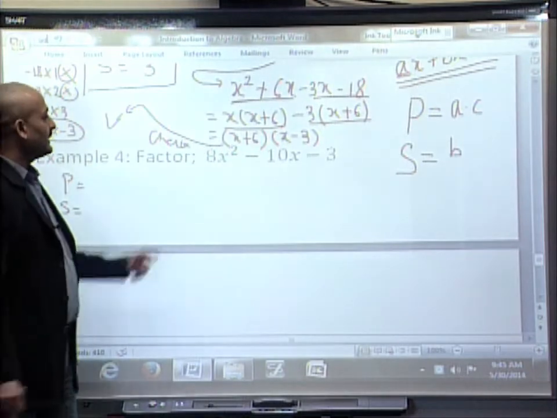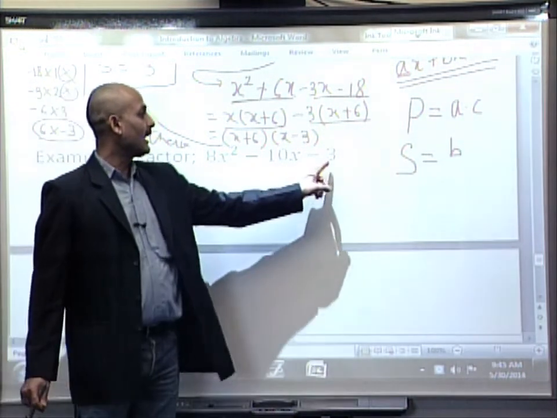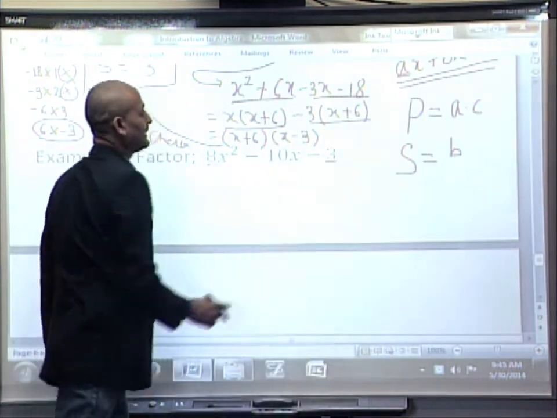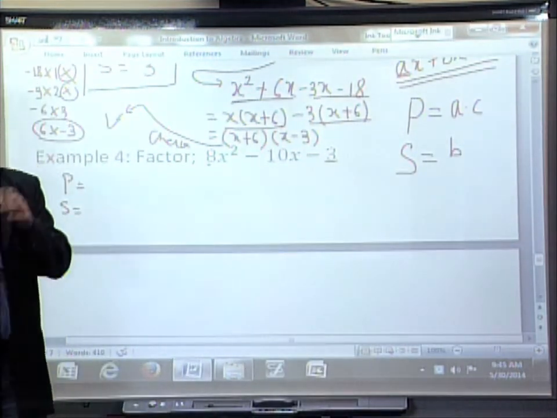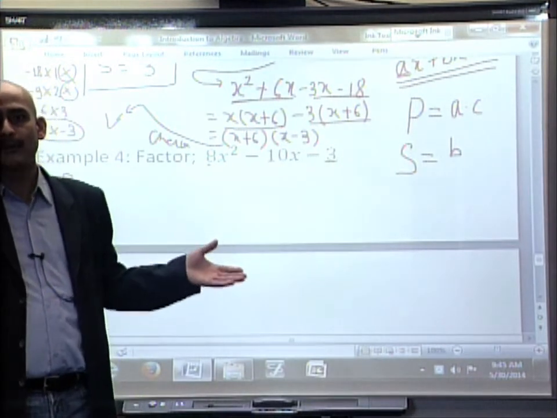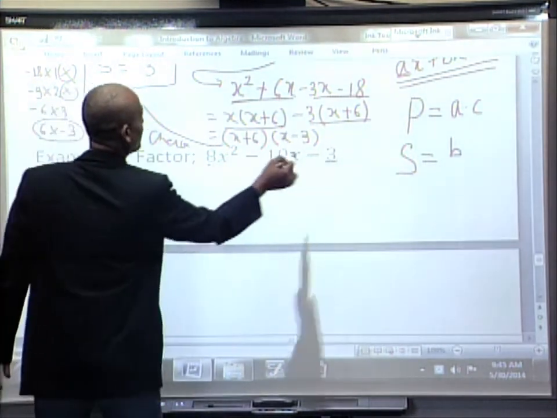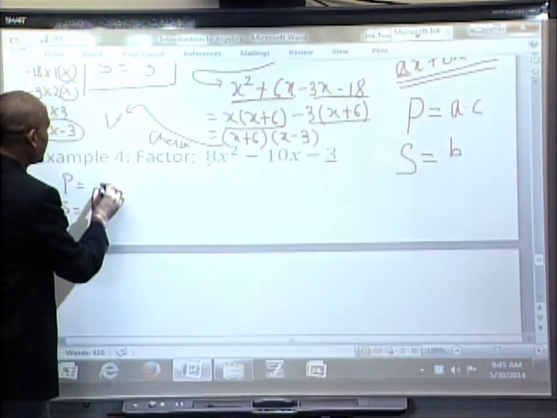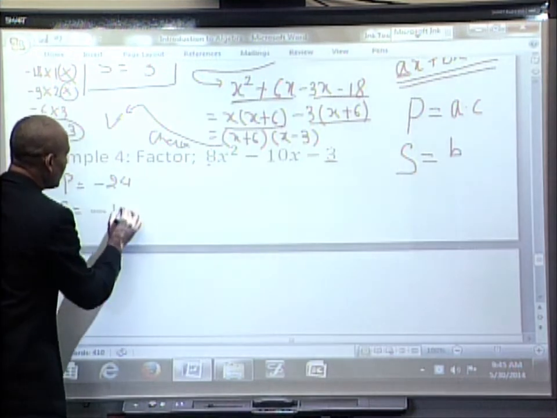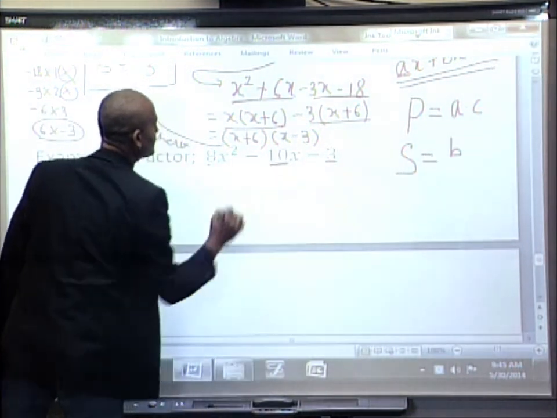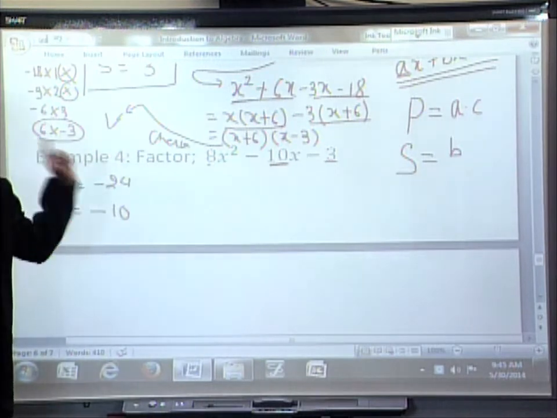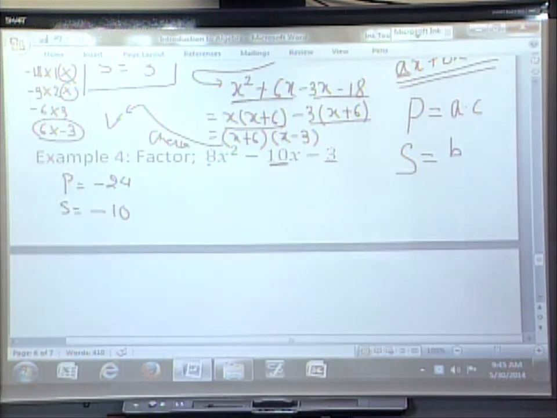Product in this case is 8 times negative 3. The product of the number that multiplies x square and the number without x is what I'm calling the product, a times c. So 8 times negative 3 is negative 24, and the sum should be negative 10. We have to be very careful with the sign, negative 10x, so negative 10 should be the sum.